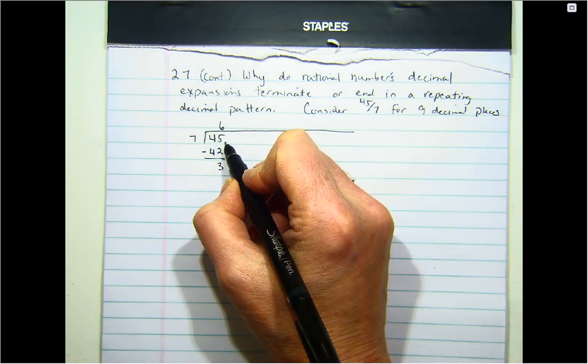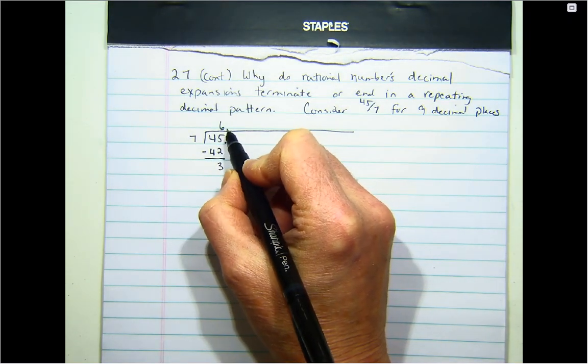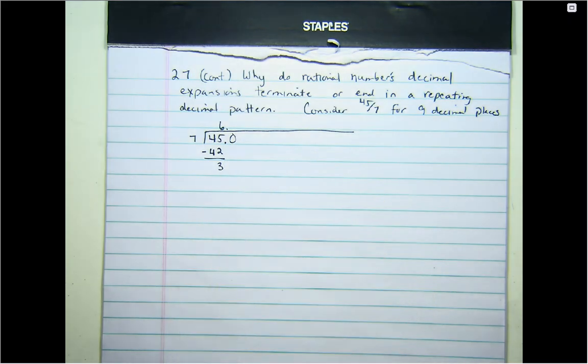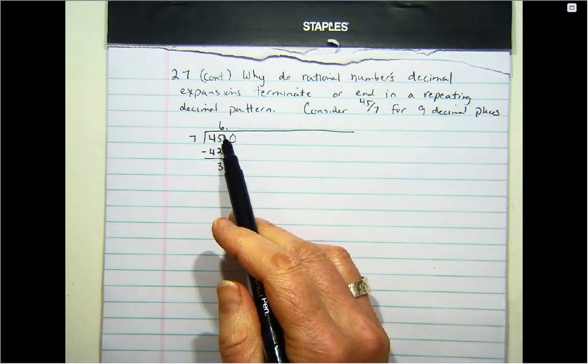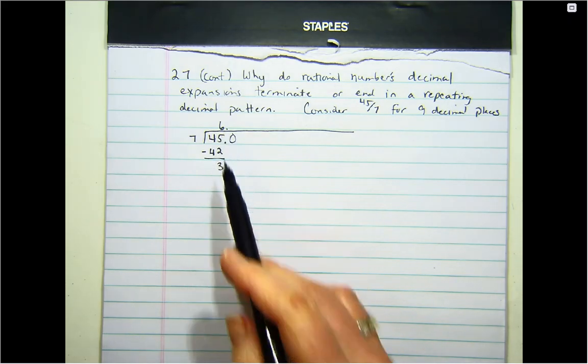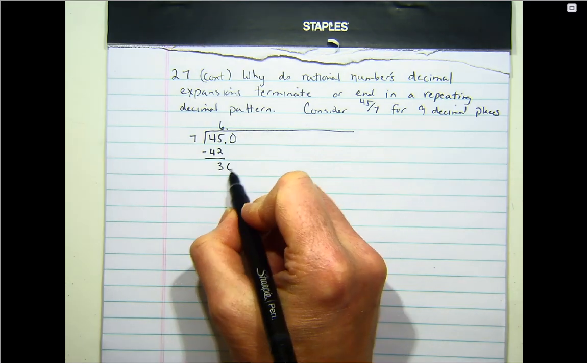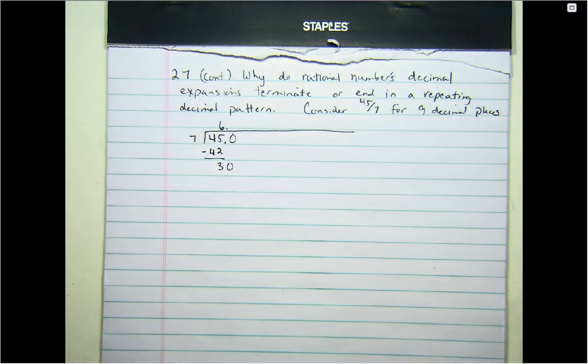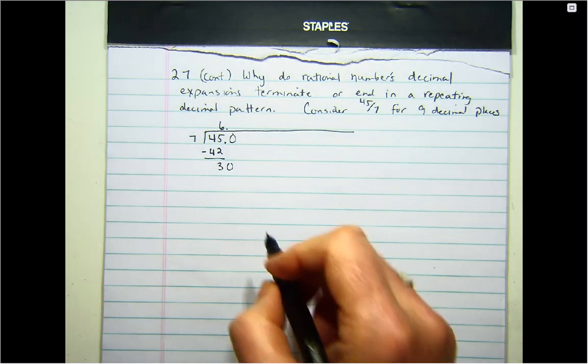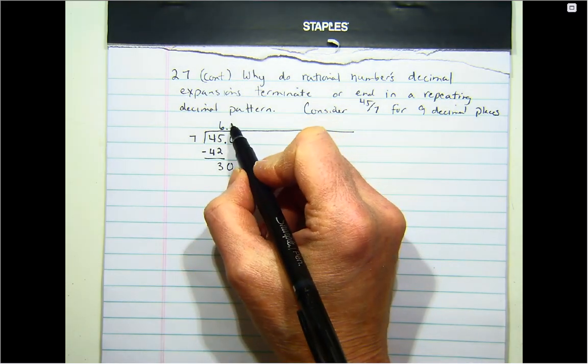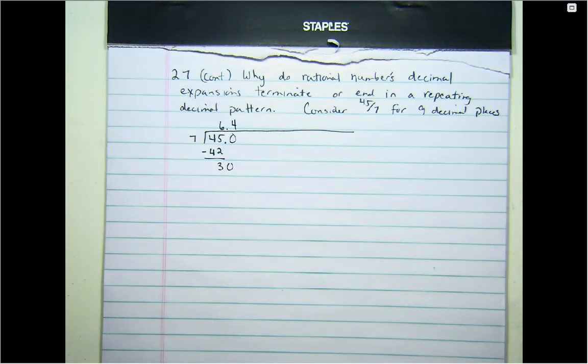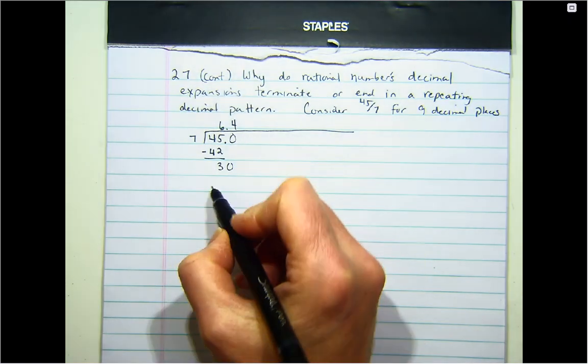So we need to bring a 0 down, so we remember that 45 can be written as 45.0 repeating, and that's how we're going to think of 45. We put the decimal place above, right next to the 6 as well. Then we can bring down zeros as many times as we want, which is about 9 times. Okay, so 7 goes into 30 4 times because 4 times 7 is 28.